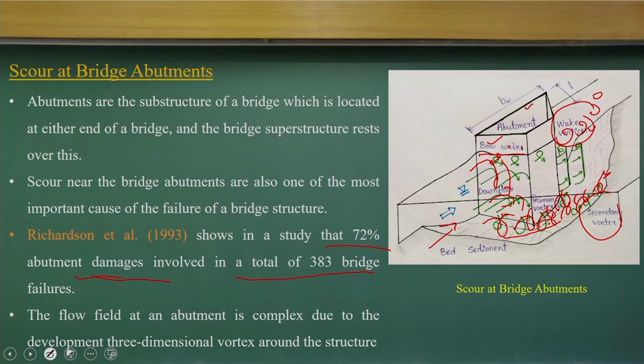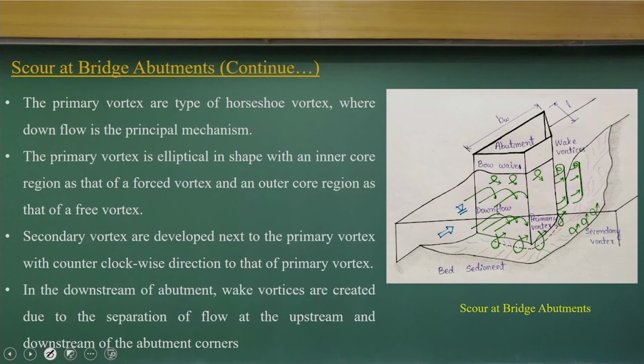So you need to design the floodplain abutment, which is too complex due to the three-dimensional vortex around the structures. That is what I tried to show you. Now, there is a primary vortex, a horseshoe type of vortex, where the downflow mechanism happens.